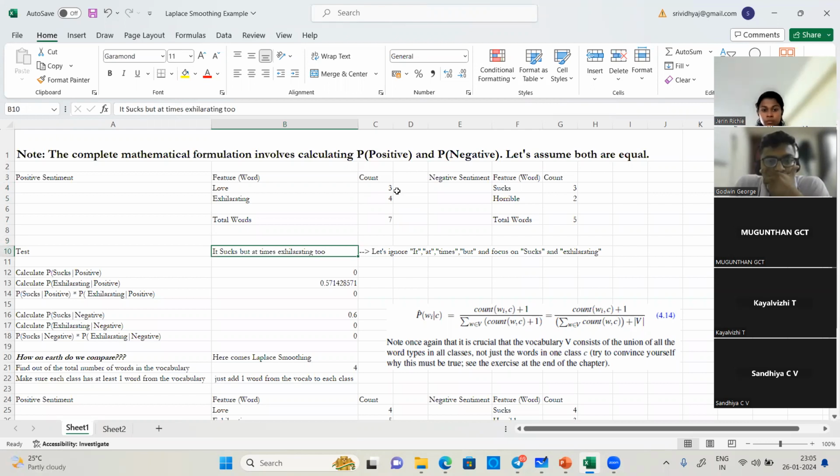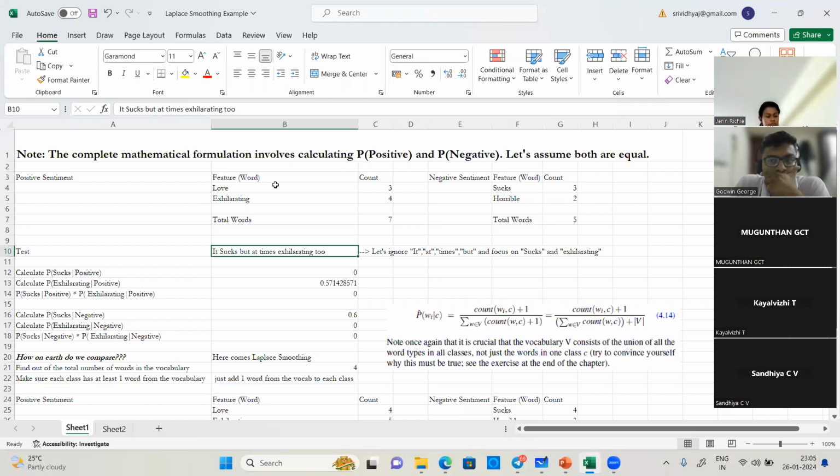These words don't exist anywhere here. I have love, exhilarating, sucks, horrible. I don't have it, at, times, or but. So what do we do about them?